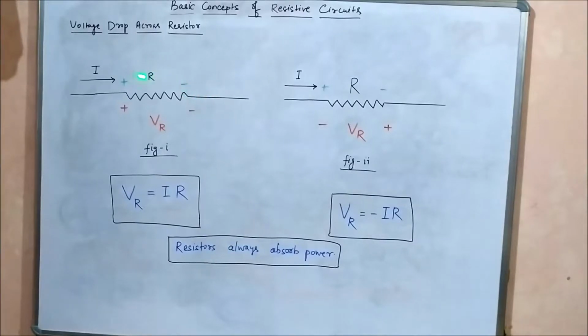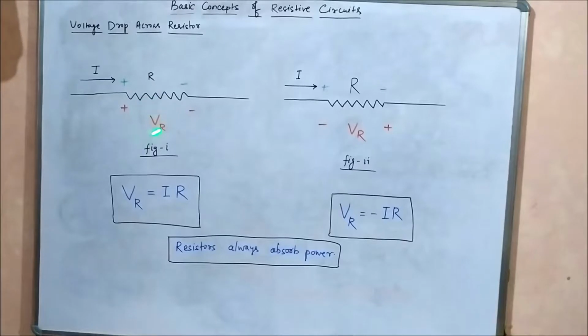The thing to take note of is that whenever current flows through a resistor, this will be the polarity placed on the resistance. Now VR is the voltage drop across this resistor which is being measured.